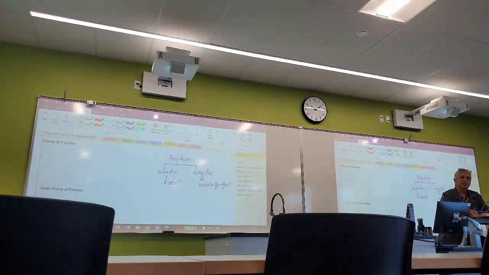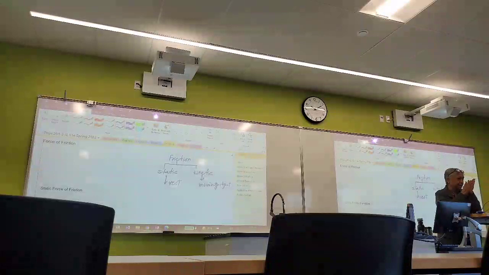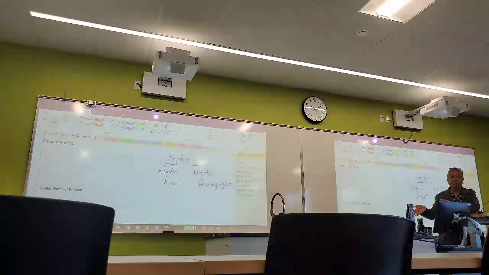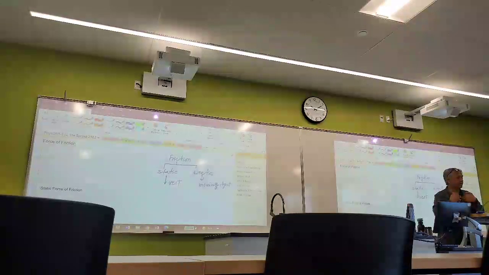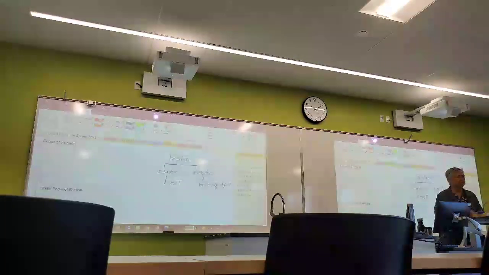And friction is also this, right? It means two surfaces have to rub. Just one surface in air is not good. So it's two surfaces. If I'm walking on the ground, there is friction between my feet and the ground.